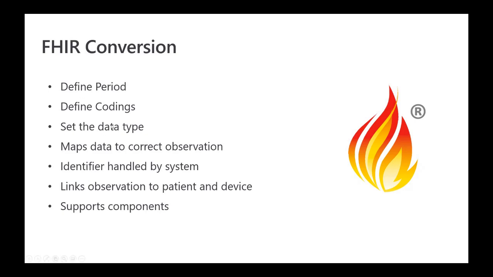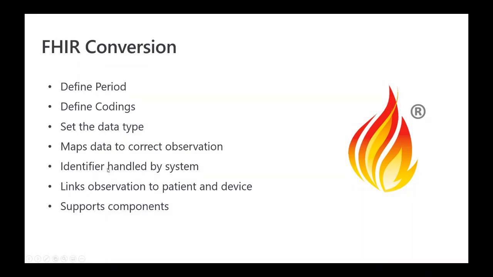We also support various coding. This is where you would define your LOINC, SNOMED, or other code systems for annotating your data. You also can set the data type. This is where if you were using the sample data type for time series I mentioned, or if you have scenarios for string data or value quantity, because the measurements are infrequent, you can configure that there.